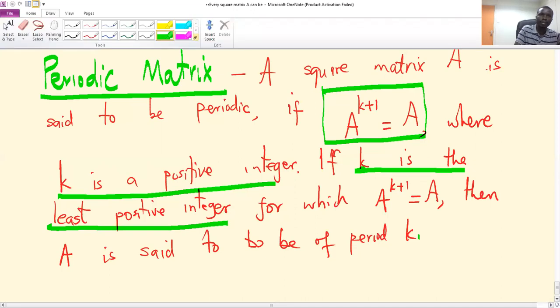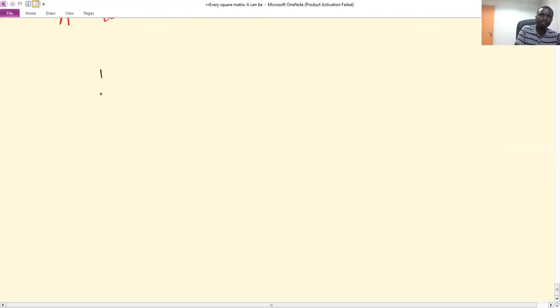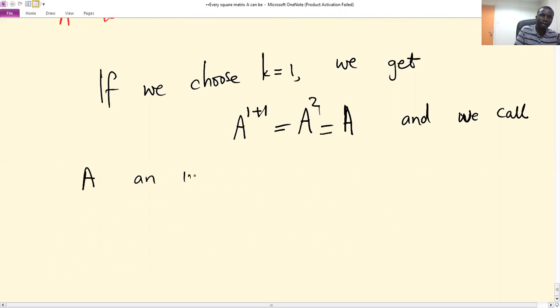From that definition, if we choose k to be 1, we get A raised to the power 1 plus 1, which is A squared, equals A, and we call A an idempotent matrix.